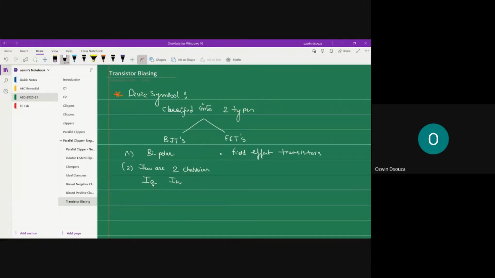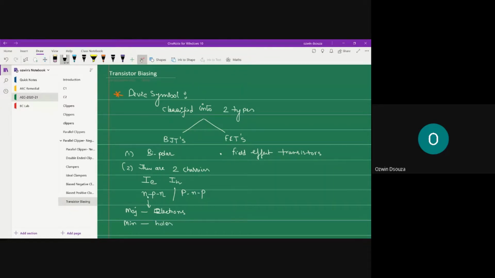Okay, and which is majority and which is minority, it solely depends on the type of BJT you are going to use. So there are two types of BJTs, NPN and PNP. Okay, in case of NPN BJT, the majority charge carriers are electrons, and the minority charge carriers are holes.